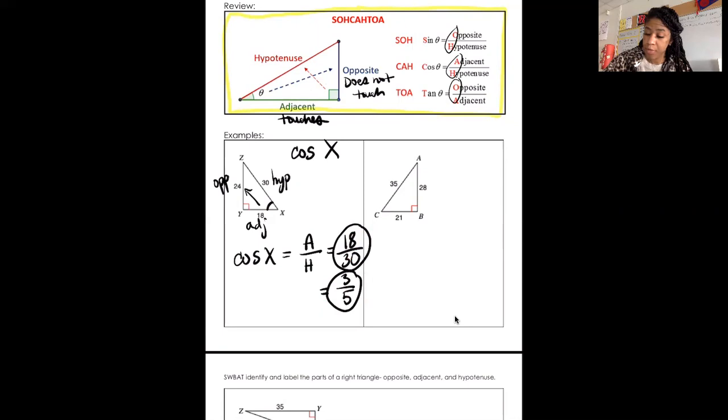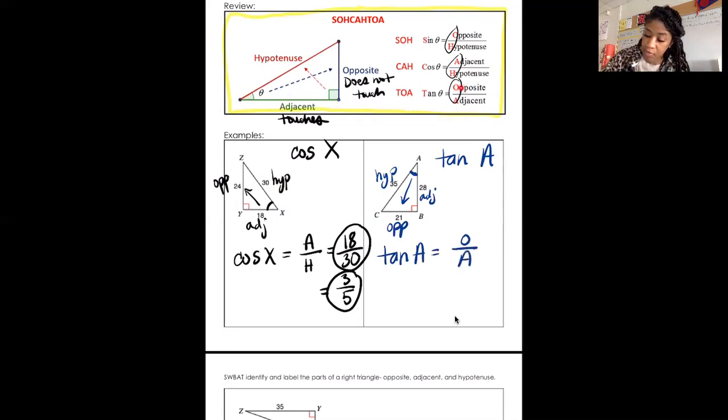I'm gonna use a different color. For this one, I want you to find the tangent of A. So there's our A. We go across, that means 21 is my opposite, 35 is my hypotenuse, 28 is my adjacent. Next, I write the formula for tangent. Tan of A equals opposite over adjacent.